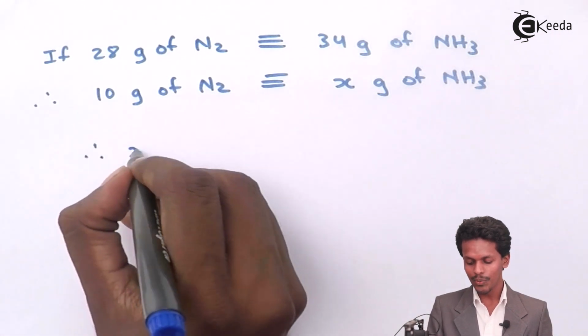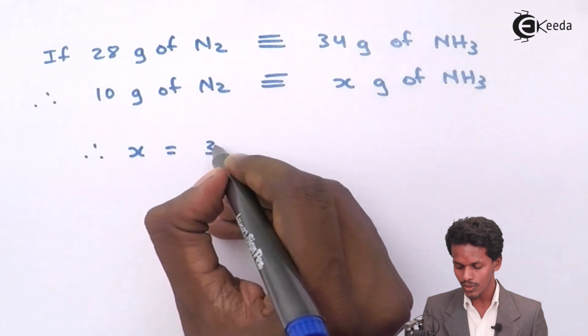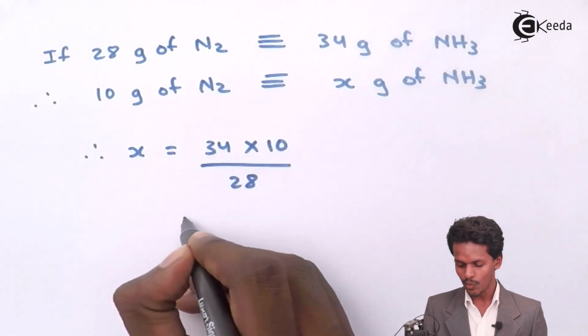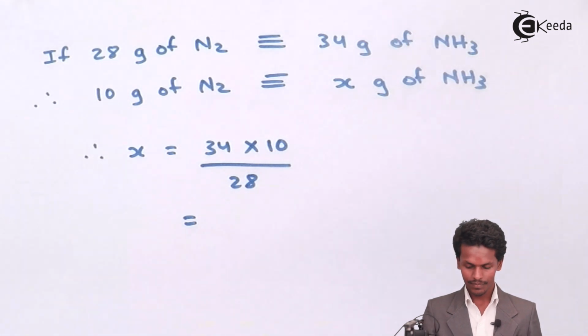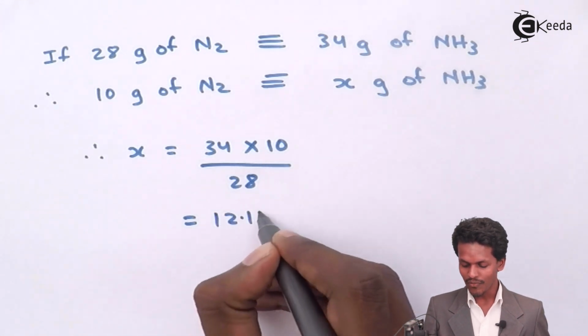Again, I am going to cross multiply, and it would be very easy to analyze this thing. That is 34 multiplied by 10 divided by 28, and let us see what is the answer. The answer is 12.142 gram.